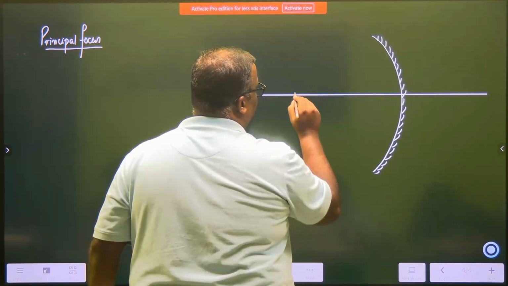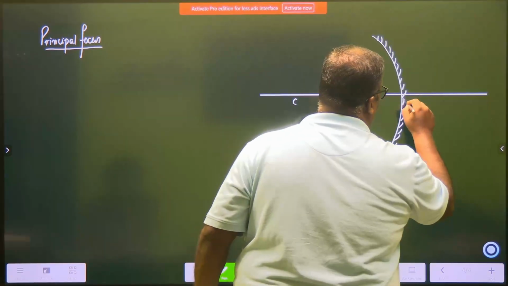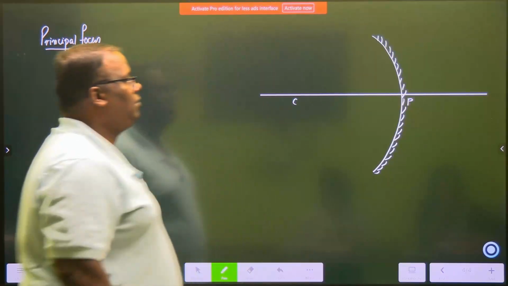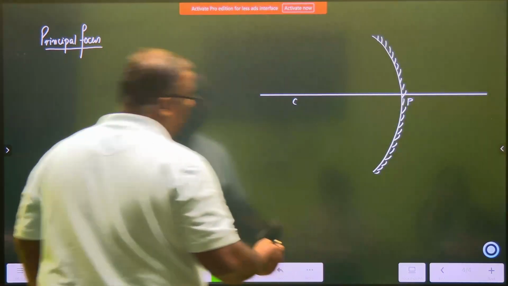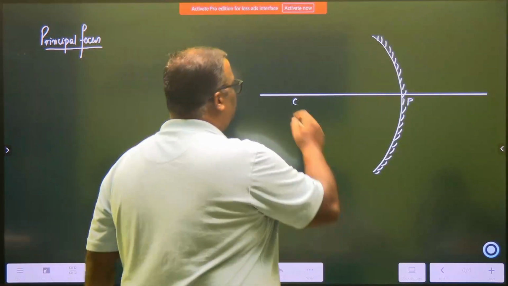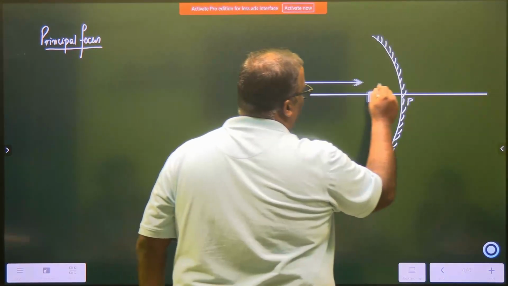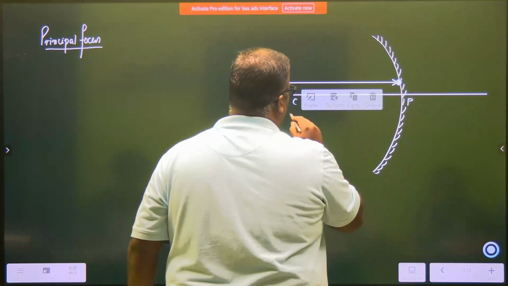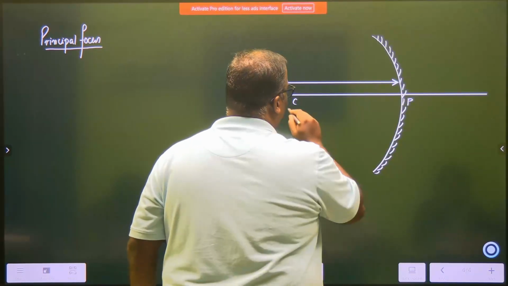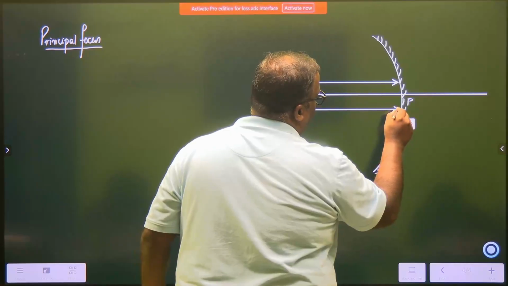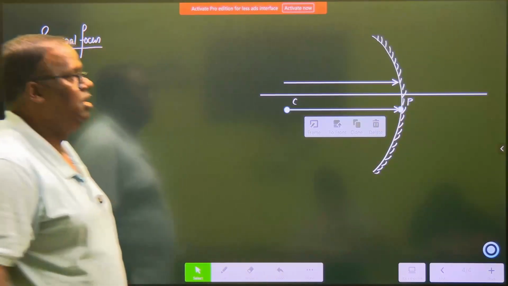This is my center of curvature, and this is my pole. In order to understand principal focus, we take para-axial rays, rays which are parallel and very close to the principal axis.